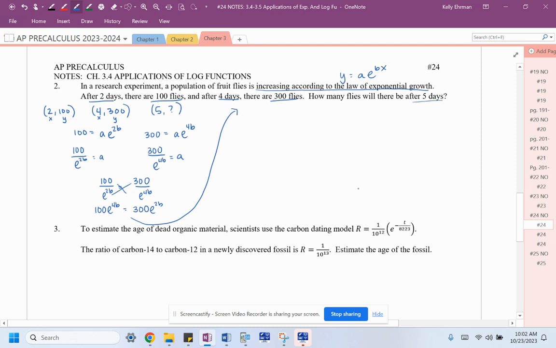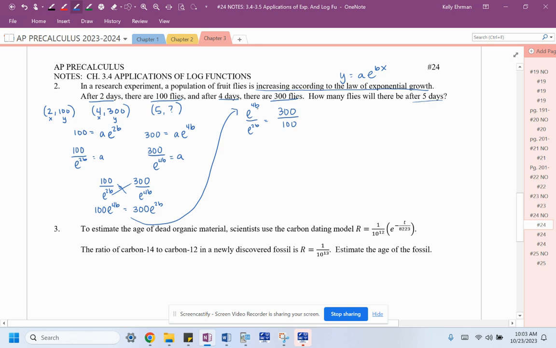I would like to get the e's on the same side, so let's see. I'm going to make it e to the 4b over e to the 2b equals 300 divided by 100. So I just said divide the 100 to the right side, divide the e to the 2b to the left side.